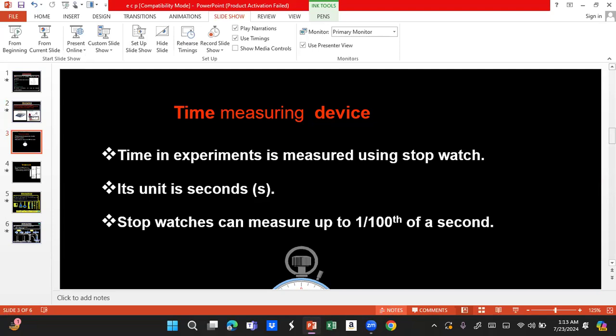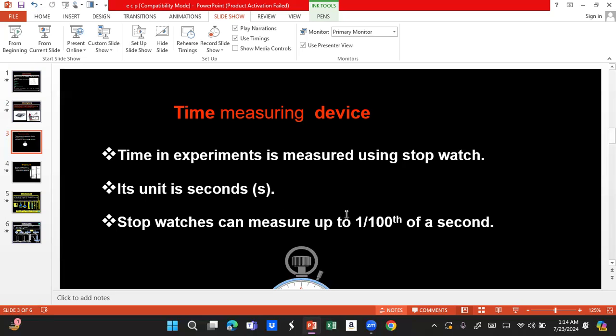Its unit is seconds. Stopwatches can measure up to 1/100 of a second. If we divide a second into 100 parts, it can measure to the 100th part of that second.